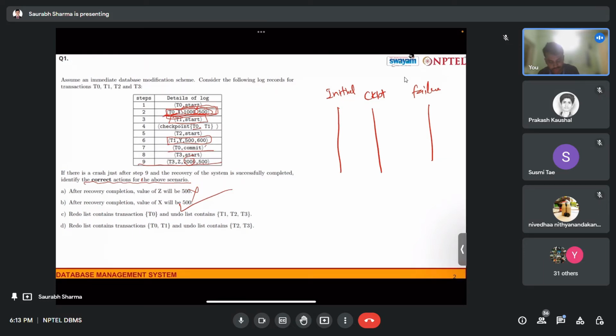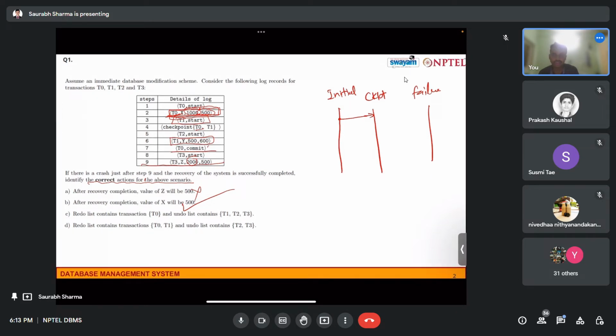So T0 got started, and at the checkpoint it has a certain amount of data which it is having in process. Then T1 got started also, not from the initial stage, but it was also running after this checkpoint. So it will go after the checkpoint. It is T0, it is T1. Just after the checkpoint, T2 got started.